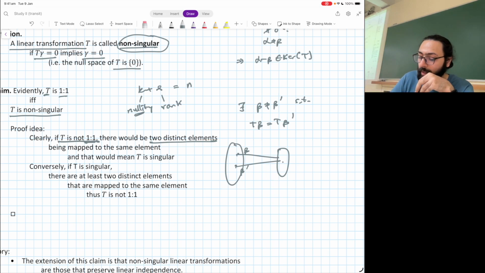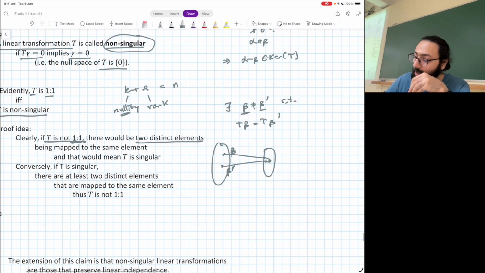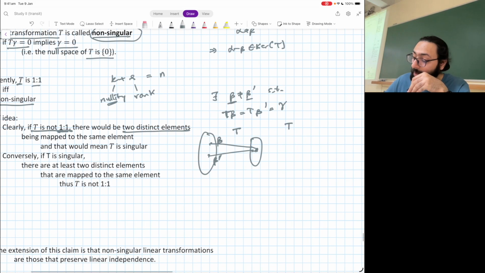So if T is not 1-to-1, what does that mean? There are two elements, beta and beta prime, that get mapped to the same object. That's what it means to not be 1-to-1. Under the mapping T, they map to the same object. Let's call it gamma. Now T of beta minus beta prime, because T is a linear map, we can write as T of beta minus T of beta prime.